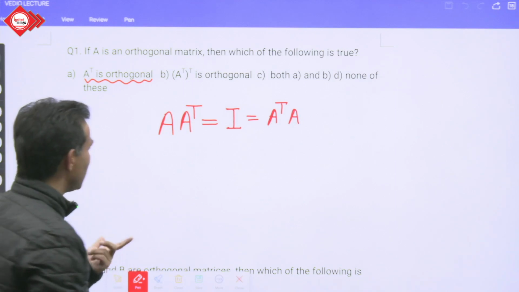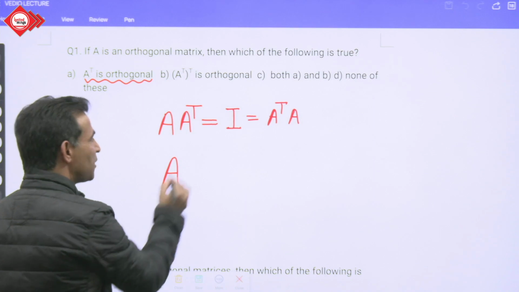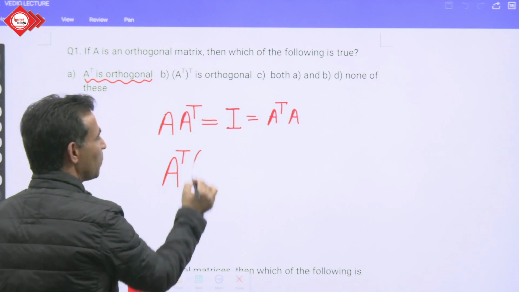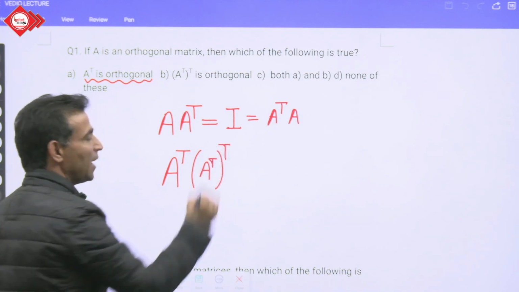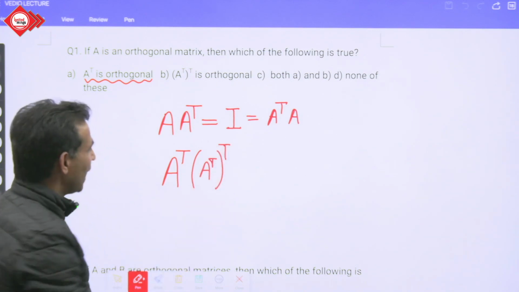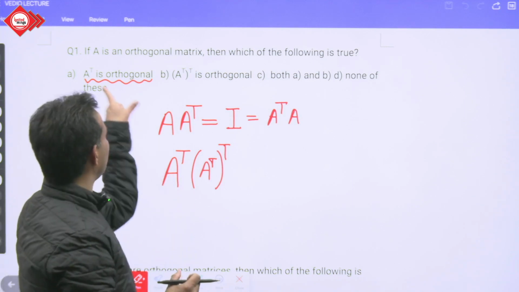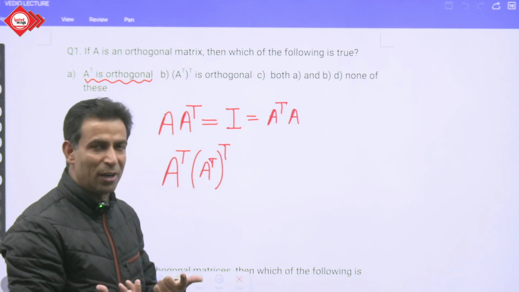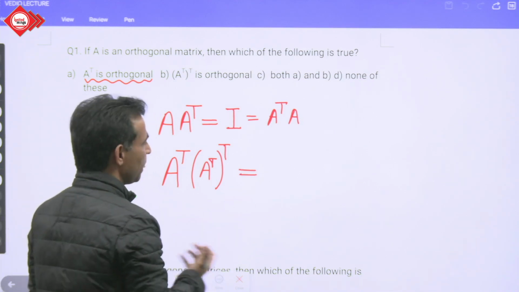So for that, what we have to do? We have to show that A transpose multiplied by A transpose whole transpose should be an identity matrix. अगर ये चीज आइडेंटिटी मैट्रिक्स के बराबर आया, इसका मतलब ये हुआ कि A ट्रांसपोज जो है ये ऑर्थोगोनल मैट्रिक्स है. तो जरा आप यहां पर प्रॉपर्टीज का इस्तेमाल करिए. आपको क्या मिलता है?